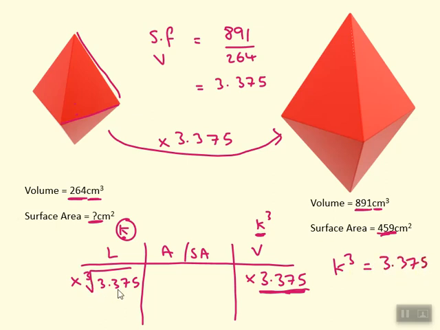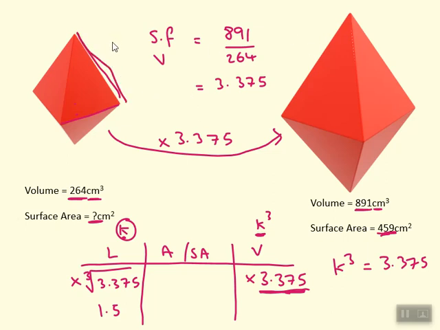So I'm working backwards to work out what the length one was. I'm going to cube root on the calculator. The cube root of 3.375 is 1.5. So that means all the edges were multiplied by 1.5.